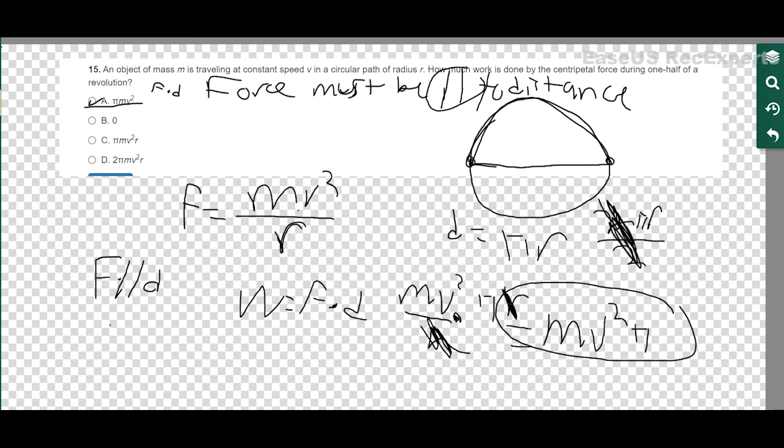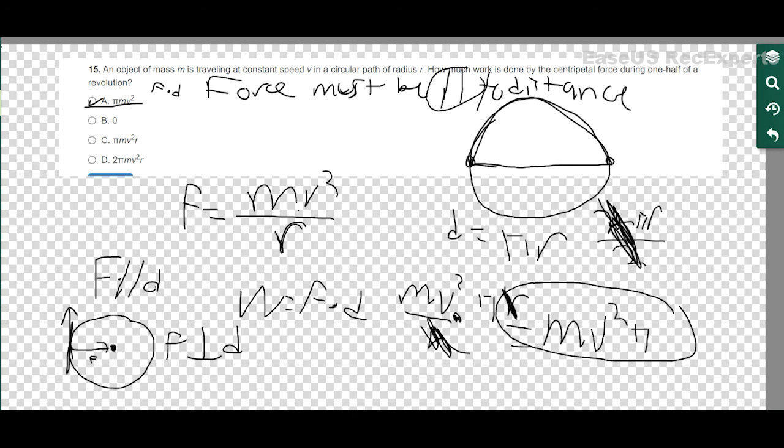But in this case, right, if you're looking at any object with centripetal motion, your force, as I mentioned earlier, is always pointed inward, right? But your object's motion is going to be on a tangential path to the circle. And on a tangential path, that means it is completely perpendicular to the force, right? So your force is perpendicular to the distance. Now, perpendicular is basically the opposite of parallel.